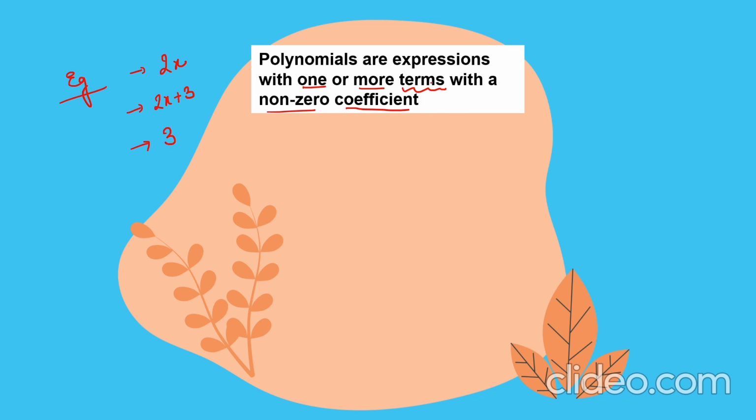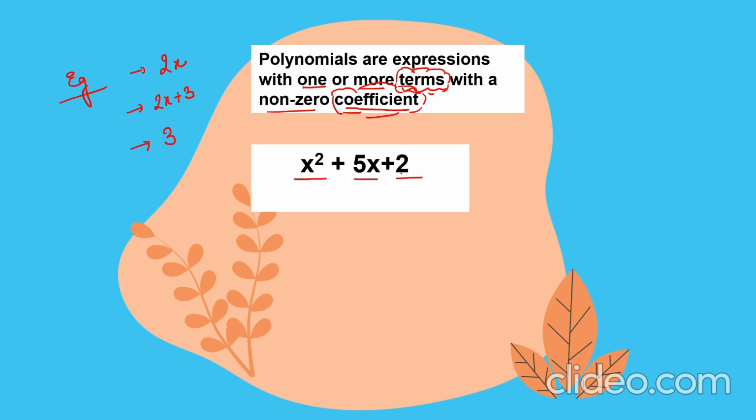Let's learn what we mean by terms and coefficient, as these two are new words. Let's do it again with the help of an example. If I say x square, 5x and 2, there are three terms connected by the operation addition. Whenever numbers along with their variables are separated by addition or subtraction, we call them terms.